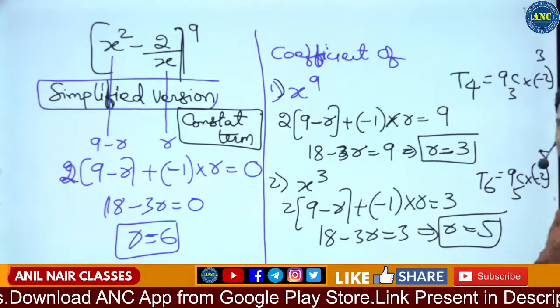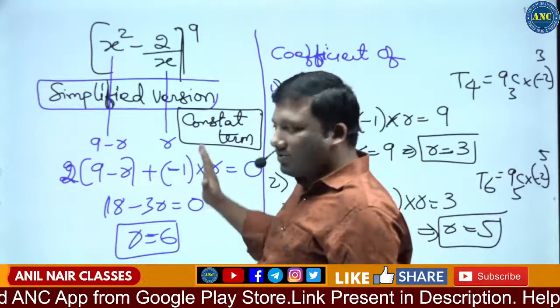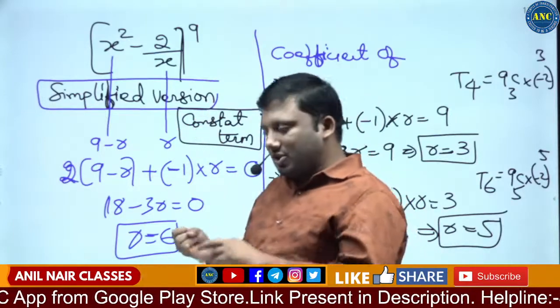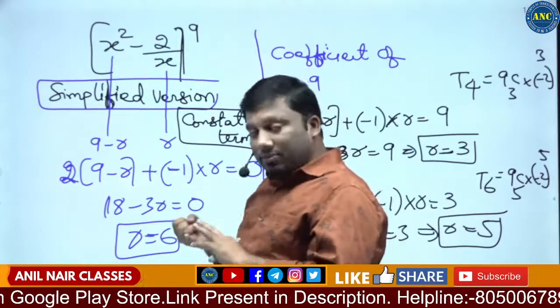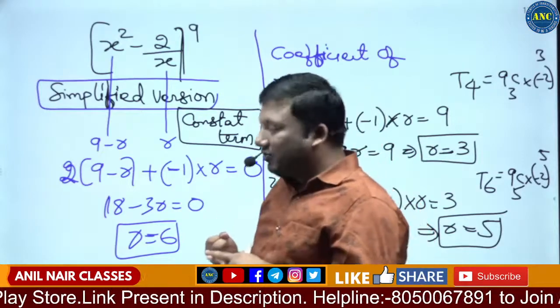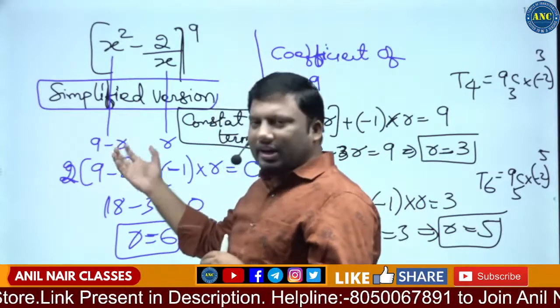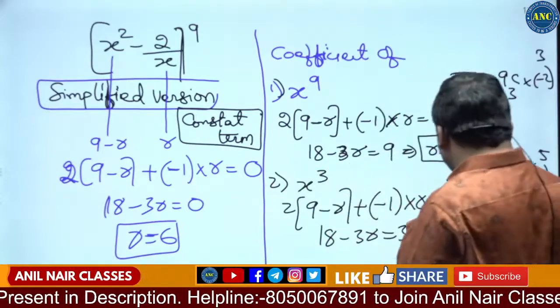I hope it is clear. You don't need to write any binomial expansion in between. This is a simplified version. Any coefficient of any term, you will get very, very easily. Independent term, you will get it very easily. You don't need to write any mathematical equations in between. I hope the idea is very clear to you.